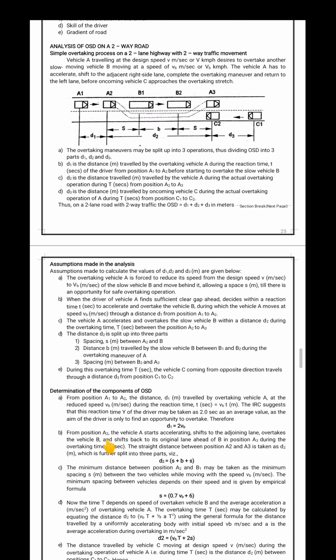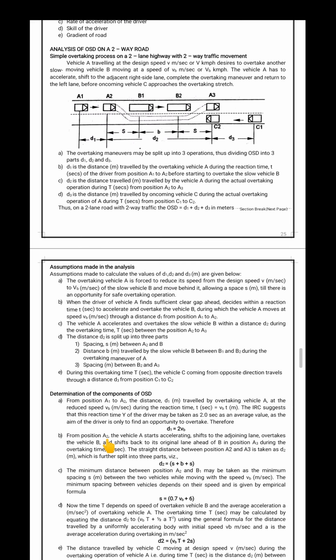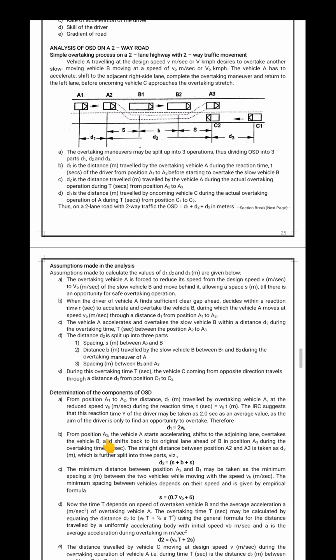So in the beginning your vehicle speed has to be reduced or matched with the vehicle you are going to overtake. Now let us assume that your vehicle is A and vehicle B is moving with his velocity vb. Initially you will have to bring your vehicle speed to vb, or whatever the front vehicle is moving at. For that speed you will have to slow down your vehicle.